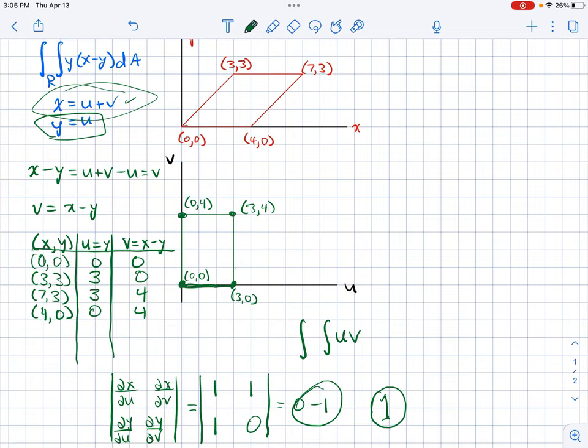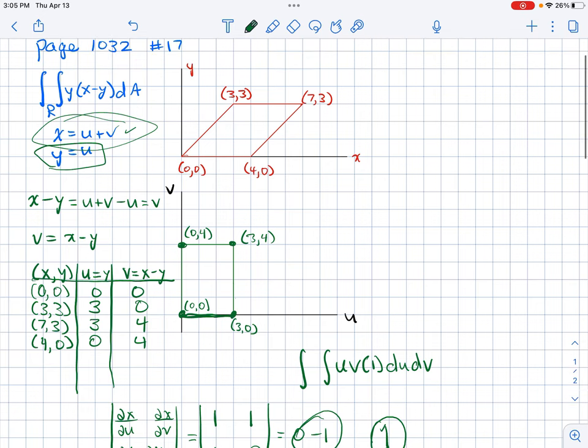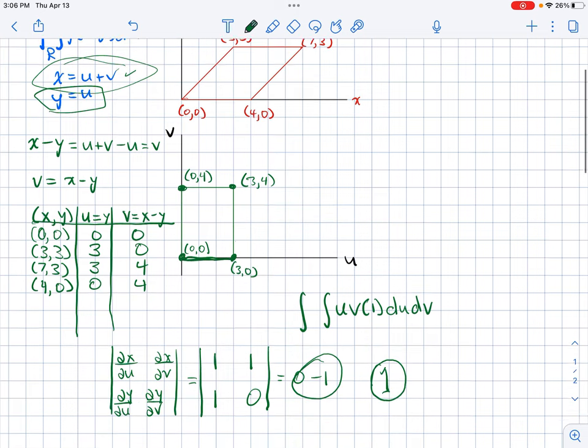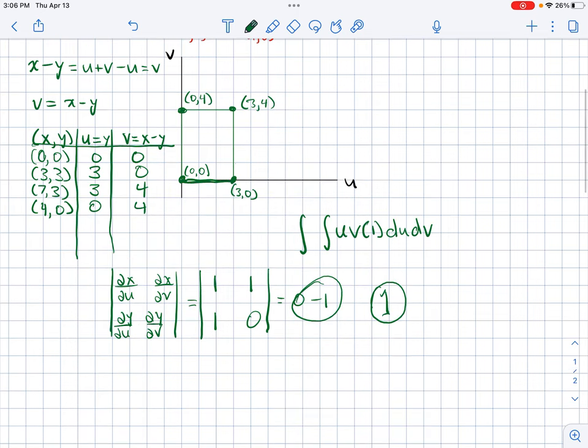Times 1, and then we can just do du dv, or dv du, it really doesn't matter. But notice I just made my substitutions in there. You can see clearly that I can just substitute u for y. And then x minus y, I'll just put that as v. Now, as far as my integration goes, u goes from 0 to 3, and v goes from 0 to 4.